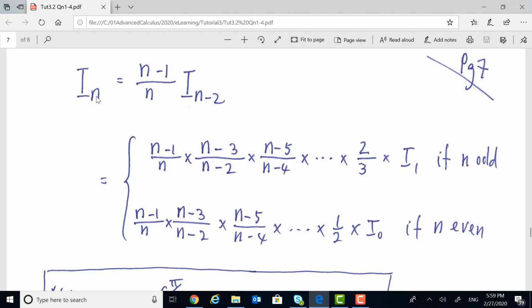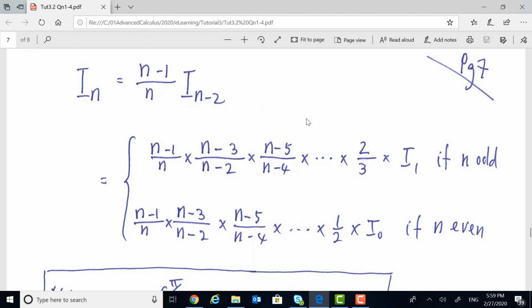If this is 7, then this becomes 6 over 7 I5. And I5 is 4 over 5 I3, and then I3 will be 2 over 3 of I1.